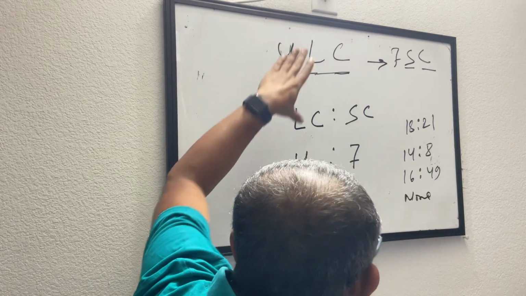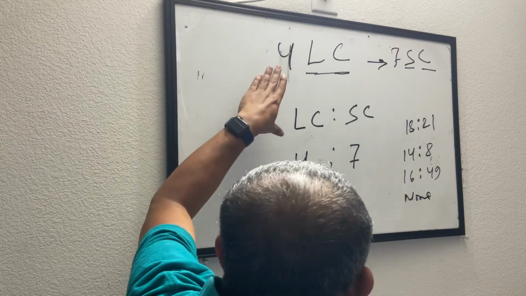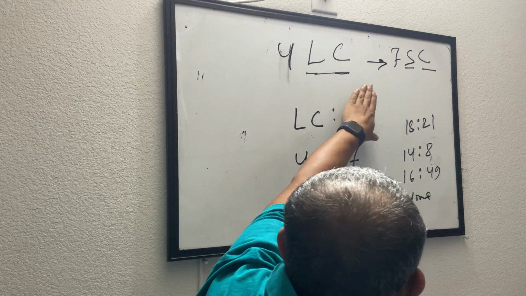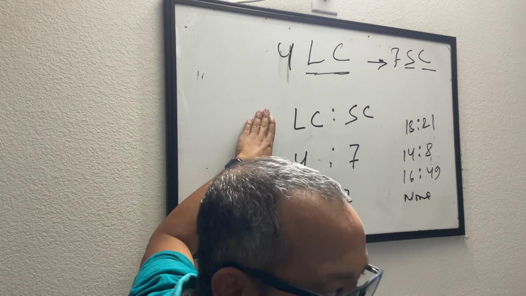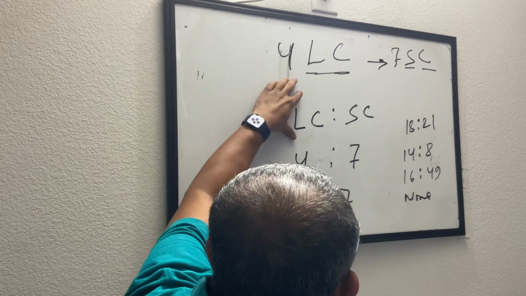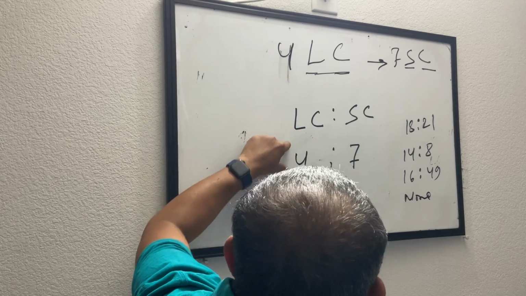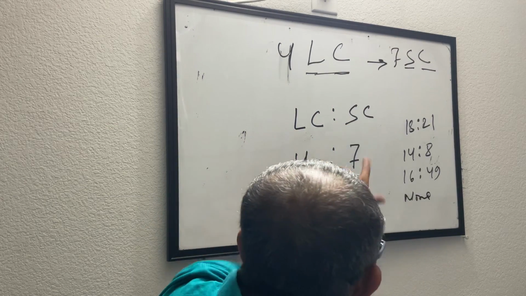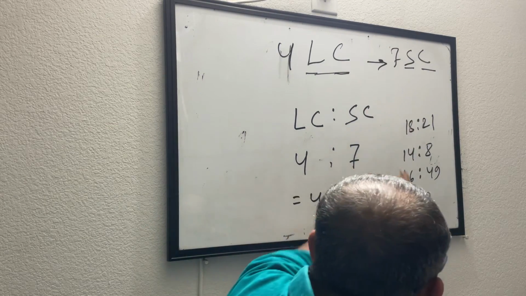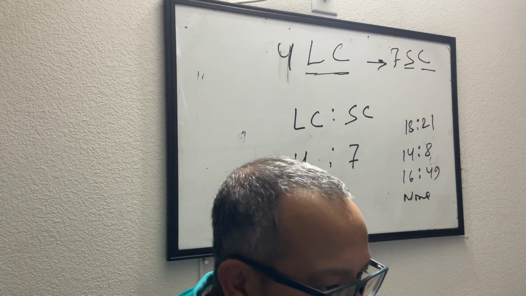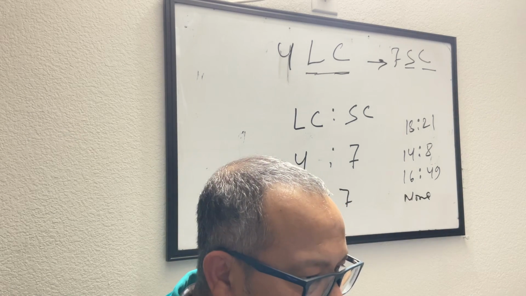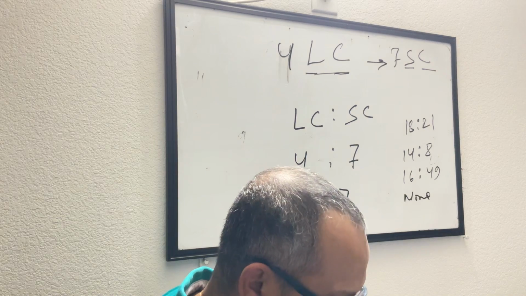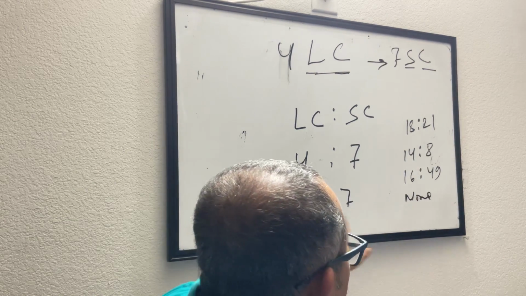It asks which ratio represents large container to small container. 4:7. How many large containers? 4, for every 7 small containers. 4:7. And none of these is matching. Yeah? So your answer is none of these.